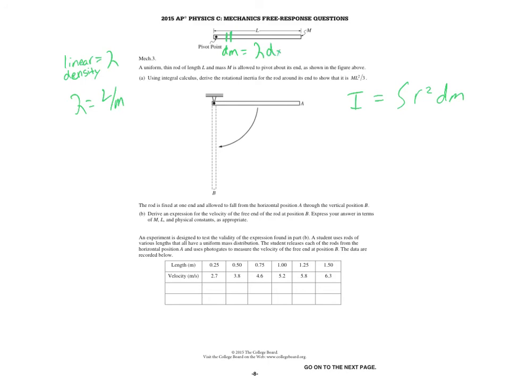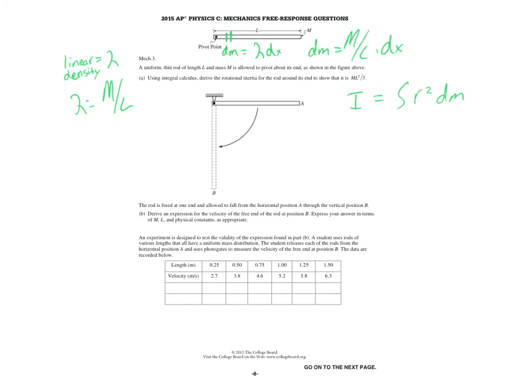And so dm is equal to L over M dx. Or not L over M, my bad. This whole thing, linear density, should be mass divided by length. That's my fault.